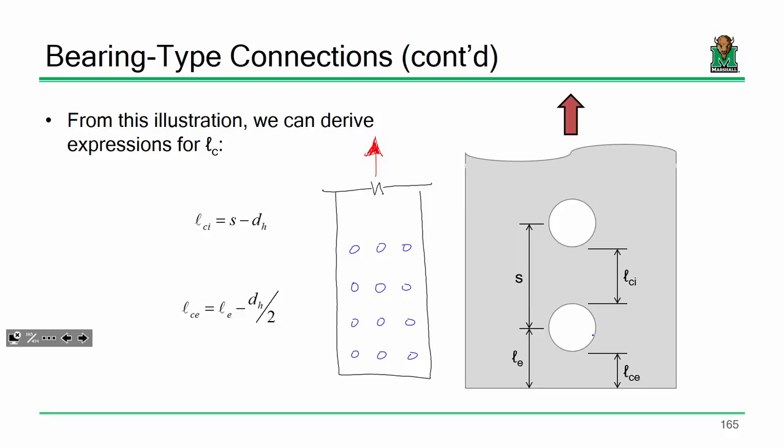In other words, I'm talking about the ones that are all the way back here. The interior bolts I'm talking about are these, and these. Now I'm calling them interior bolts because look at it like this. Would you agree that this distance, this line right here, that's the clear distance I'm after, right? That's the L_CI. Well, that's going to be the same distance for this bolt as it is for this one, and for this one, right? Assuming everything's evenly spaced, right?